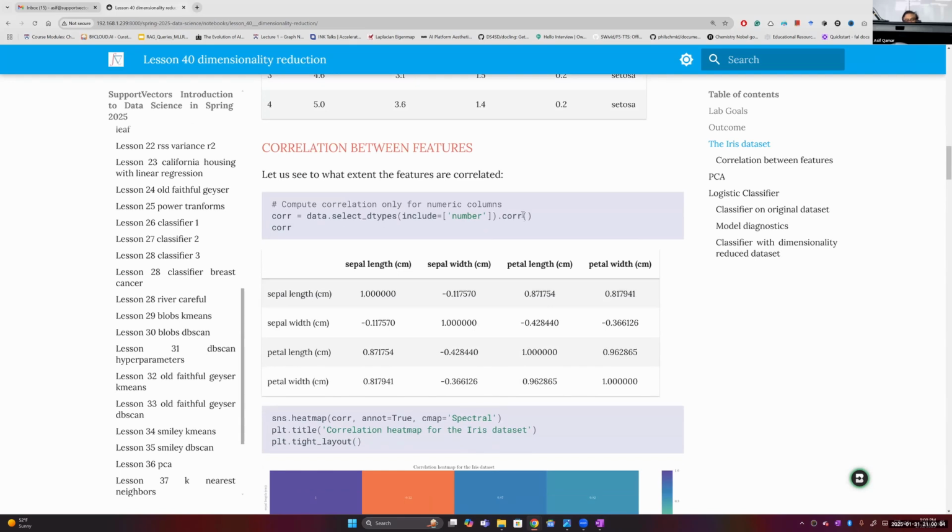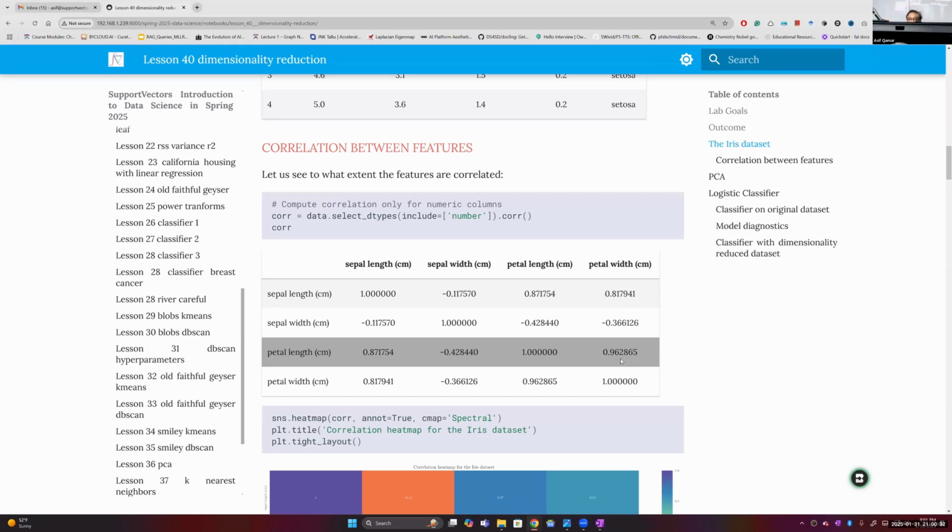You can look for correlations between them. Clearly, for example, sepal length and sepal width are slightly negatively correlated. If you know iris, you'll see why. The longer they are, the less wide they are. Likewise, for petal length and petal width, on the other hand, petals are size based.